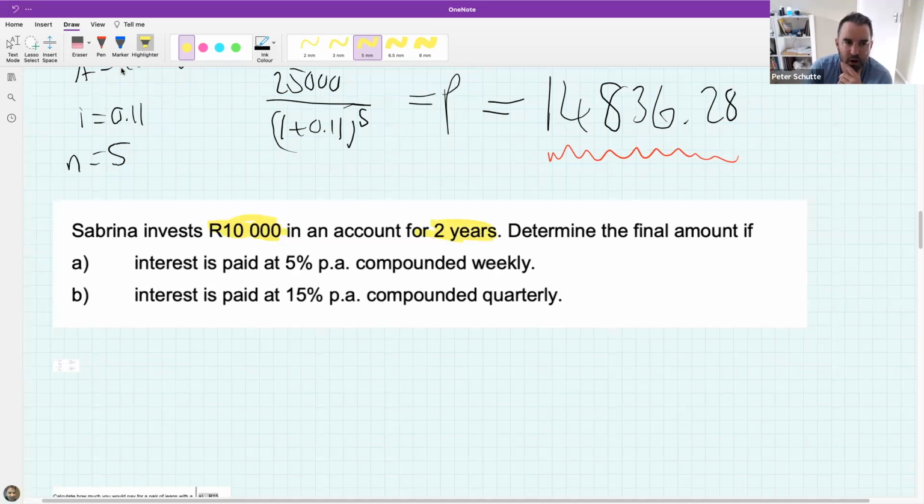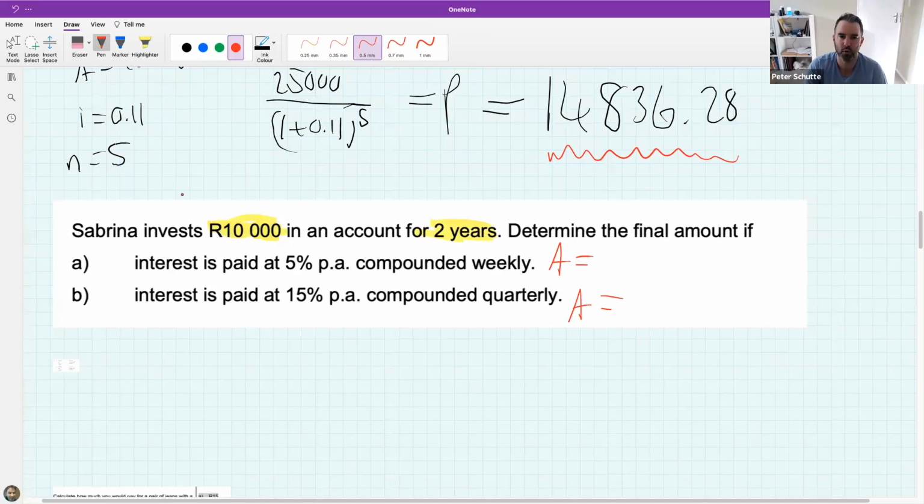For option A, we want to know the final amount with these conditions. And for option B, we want to know the final amount for these conditions. Can you work out the answers for A and B?